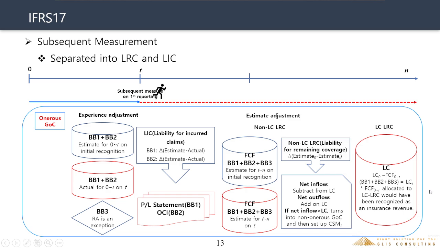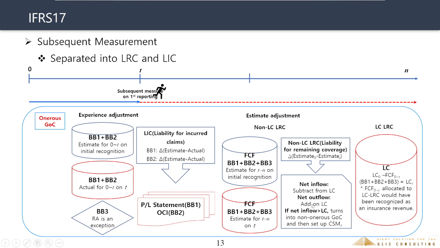So that's how we prevent the double recognition of future expected loss. That's why it's called the loss component reversal. It arises because of asymmetry between CSM and loss component.